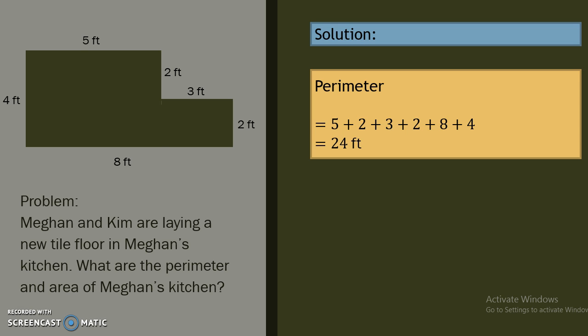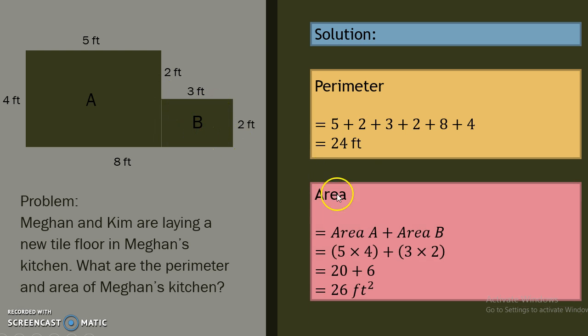I denote them rectangle A and rectangle B. To obtain the total area of this shape, you must first calculate the area of rectangle A and rectangle B. Here, the area of rectangle A is 5 feet by 4 feet. Here, 5 plus 3 is equal to 8.